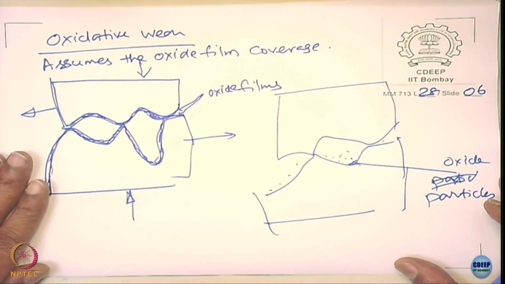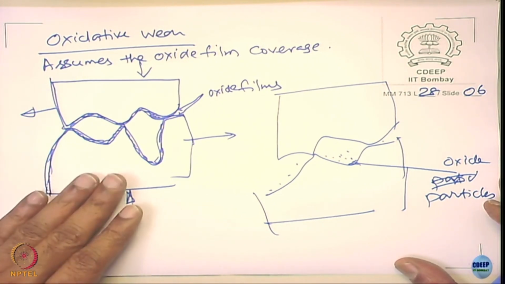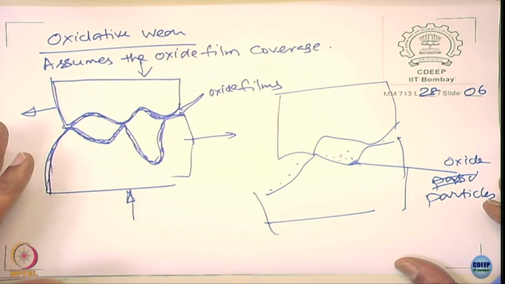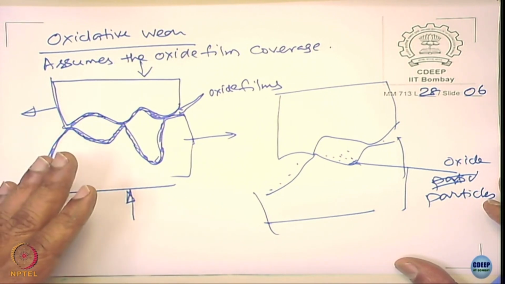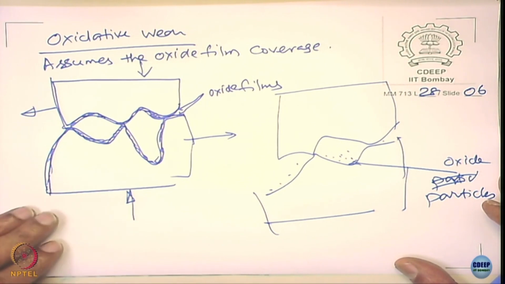In a wear process, the relative movement can be very large, and of course there is surface damage. In fretting damage, vibration is there, but the relative movement is very, very small. That is to be understood.